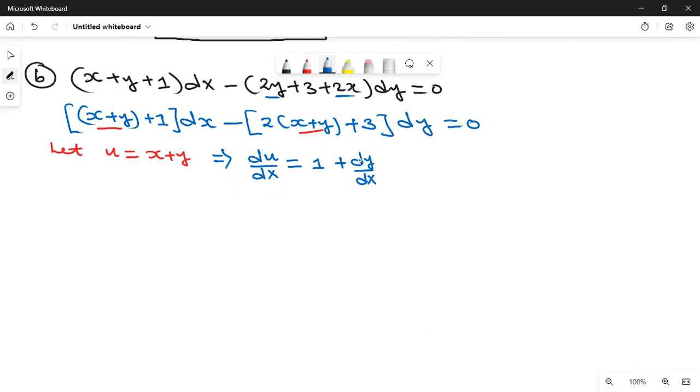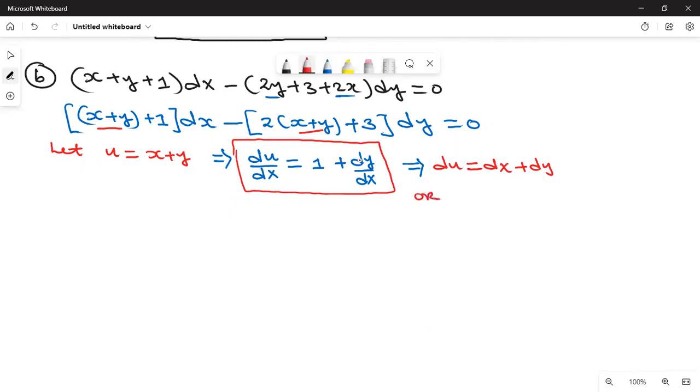Now, if you multiply both sides by dx, you are going to get du is equal to dx plus dy. Now make dy the subject. So dy is equal to du minus dx.